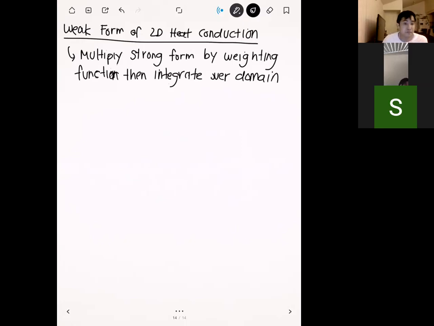And the other thing that we usually do in the weak form is that we perform integration by parts to balance the derivatives.